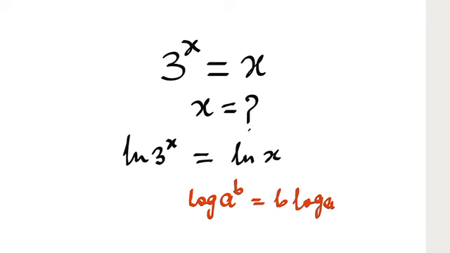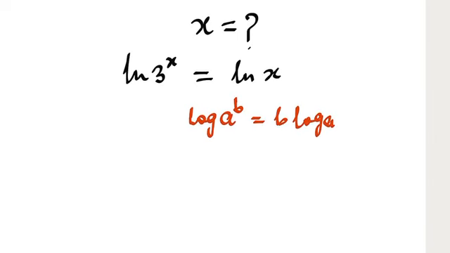Using that idea, we'll move further. So this x will come down like this, and we are going to have x ln of 3 equals ln of x.